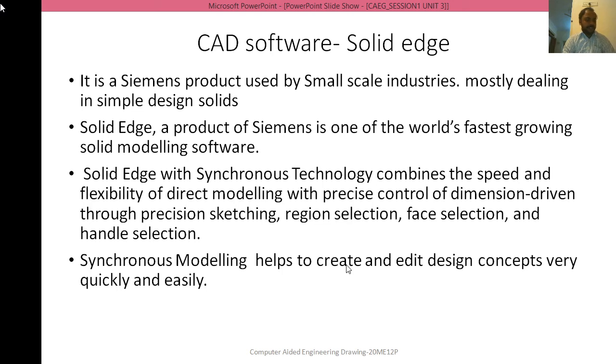The Solid Edge software divides the different steps involved in designing a given component. Synchronous means if any change is required in one environment, the same change is reflected in the other environment. That is called synchronous technology.